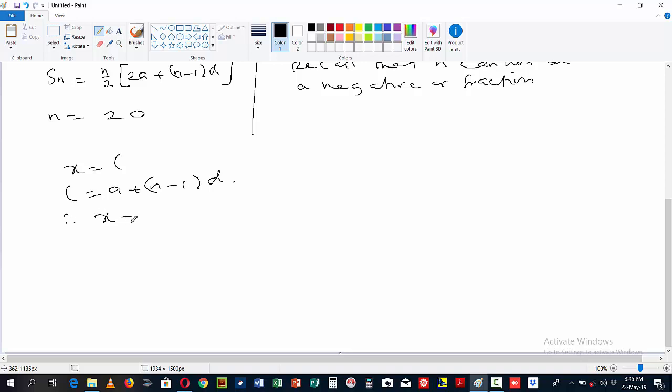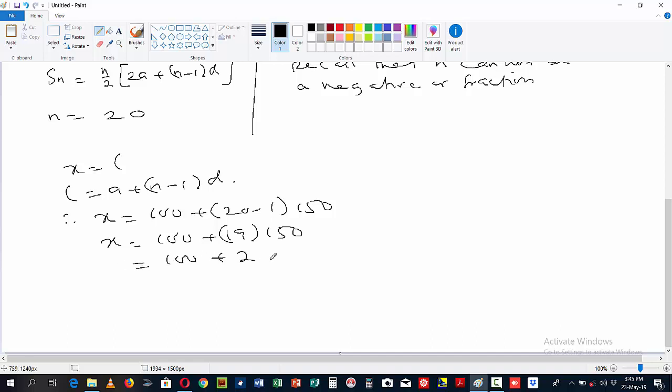Therefore, x is going to give us 100 plus 20 minus 1 into 150. So we have x is equal to 100 plus 19 multiplied by 150, which is 100 plus 2,850.